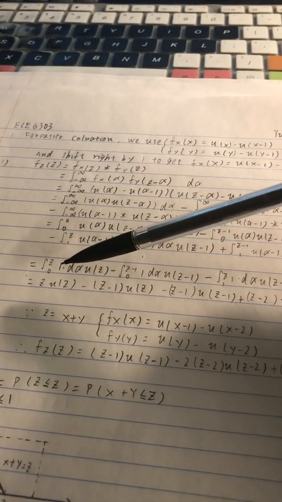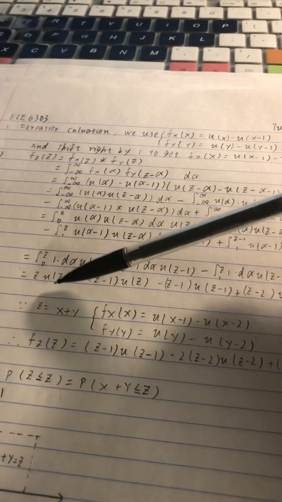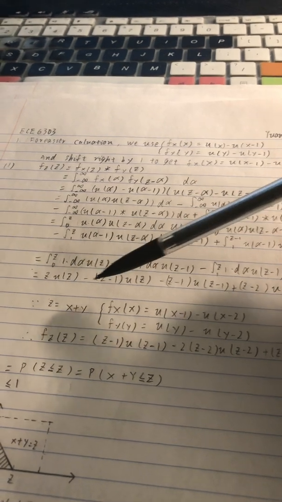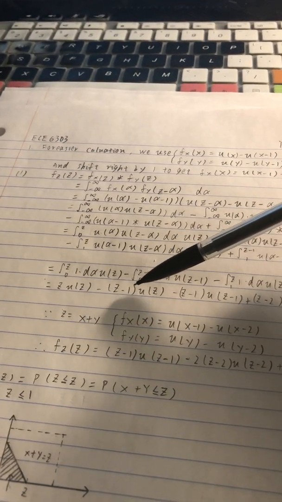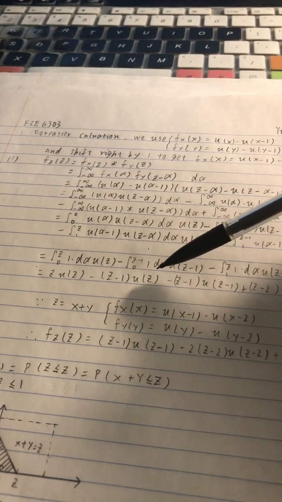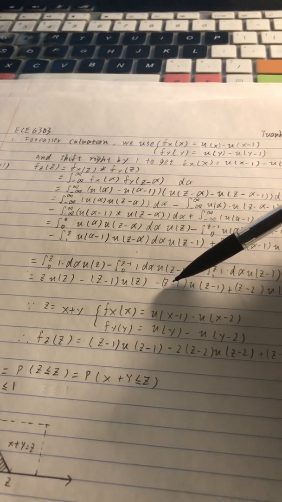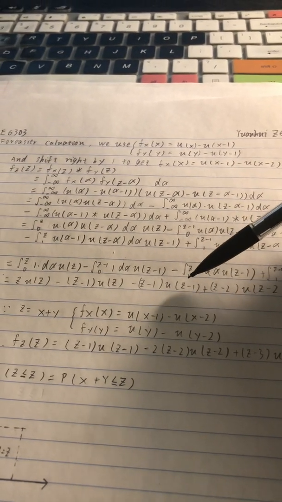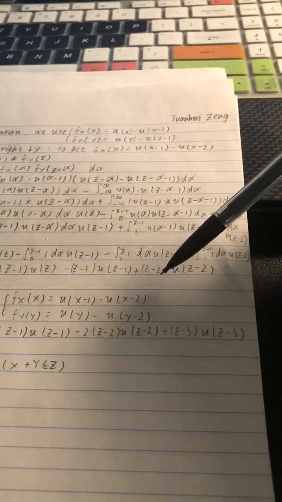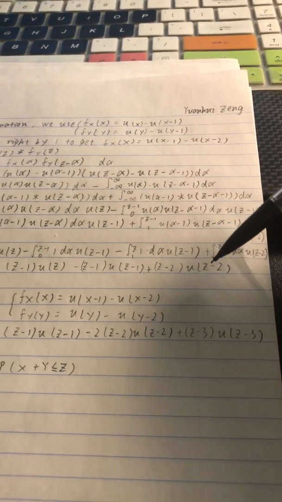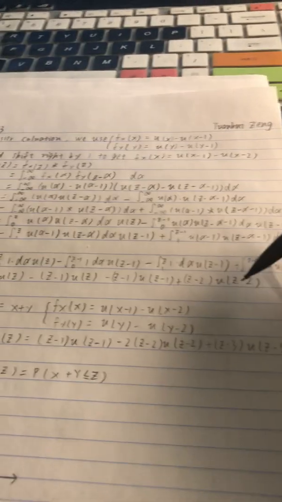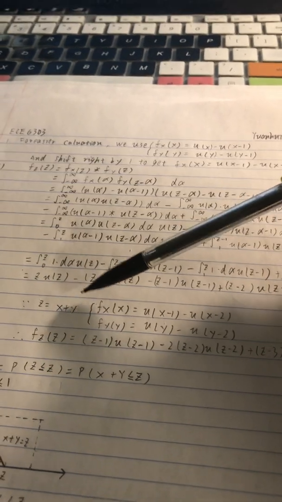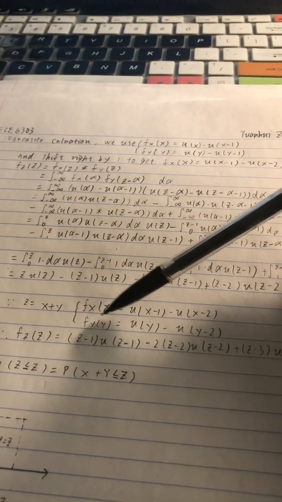And finally we can get a function like this: z times u(z), minus 1 times u(z minus 1), minus z minus 1 times u(z minus 1), plus z minus 2 times u(z minus 2). So we can get the density function of X plus Y in this shape.